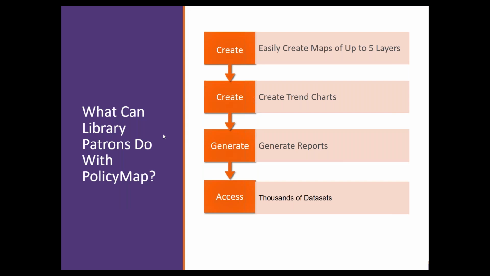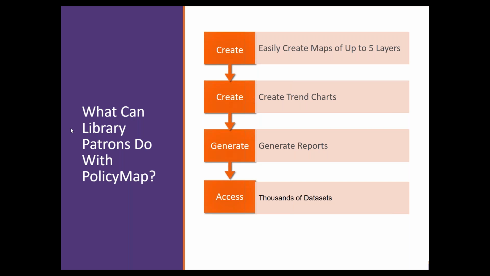The first thing I really wanted to talk about was what public libraries and their patrons can do with PolicyMap. On a very, very basic basis, your patrons can easily create maps of up to 5 layers. They can take a look at trend charts for any of the specific indicators that they're looking at on the map.